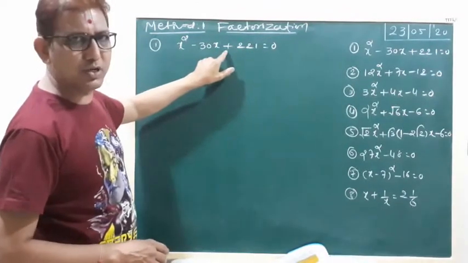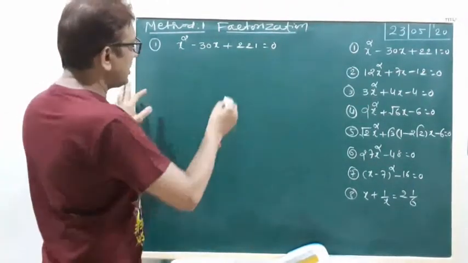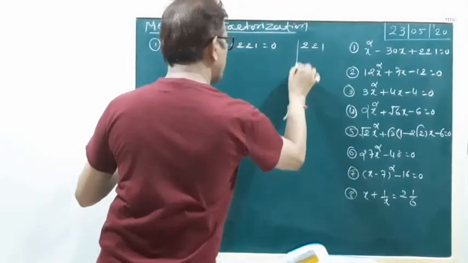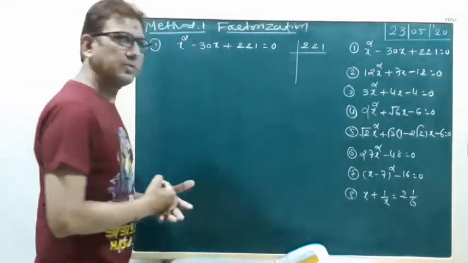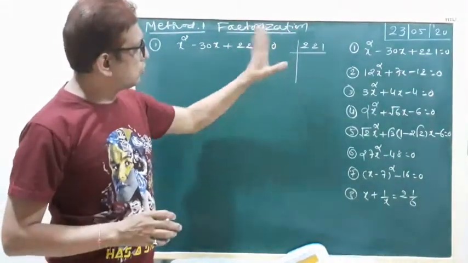If the last term is positive, then the two terms must sum to the middle term. Okay? Now first we factorize 221. 221 divided by 2, not possible.